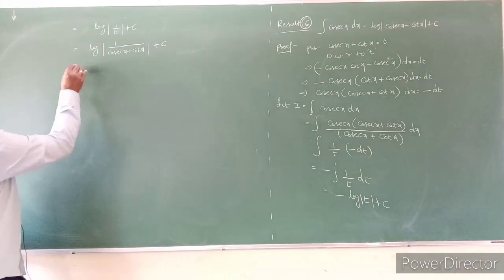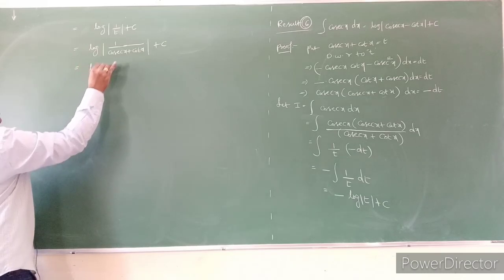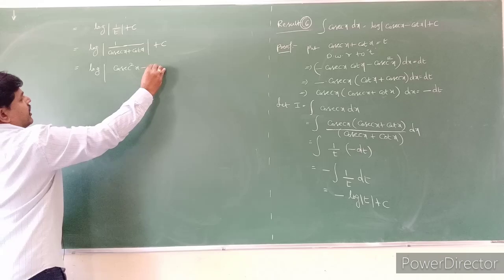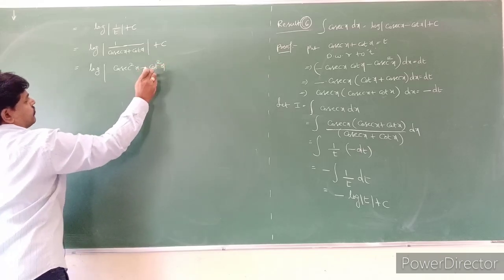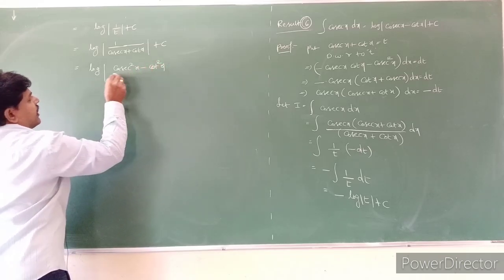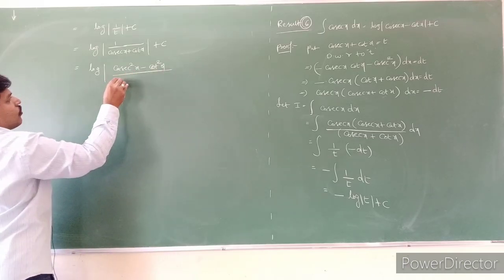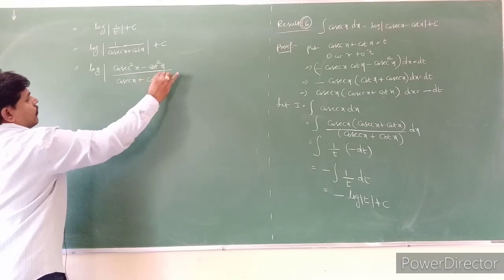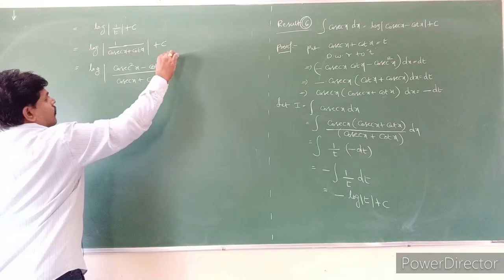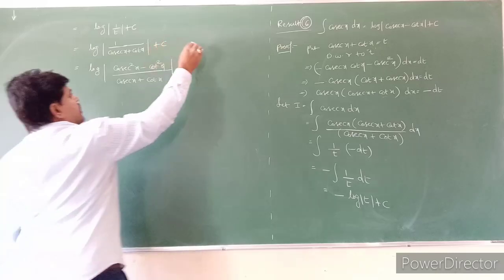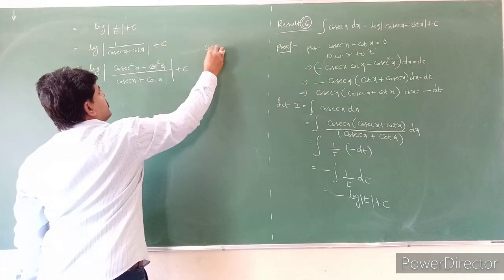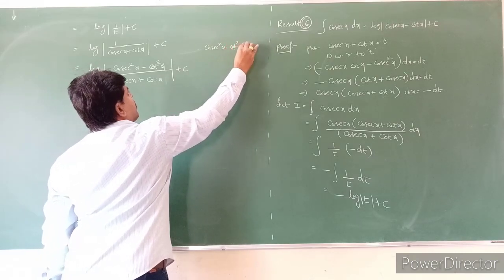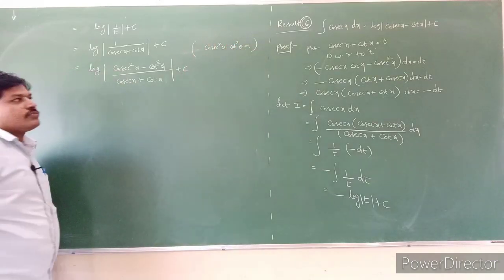So already I know the formula. Cosecant square x minus cot square x is equal to 1. See, students, cosecant square theta minus cot square theta is equal to 1. Yes or no?